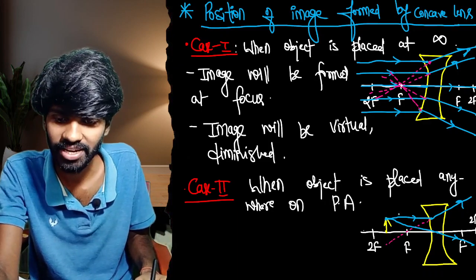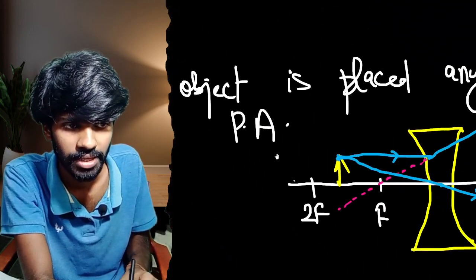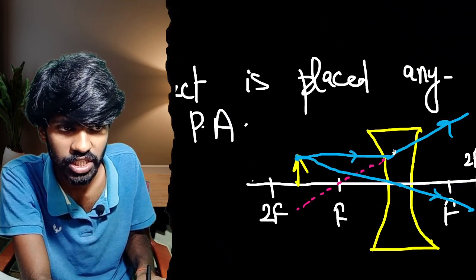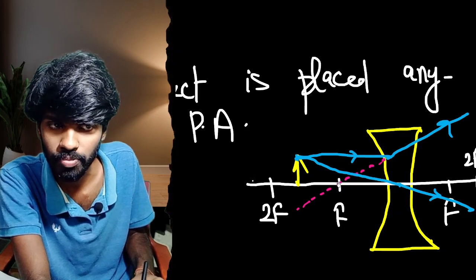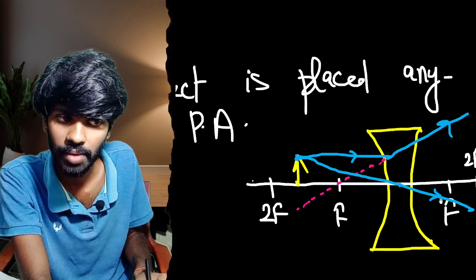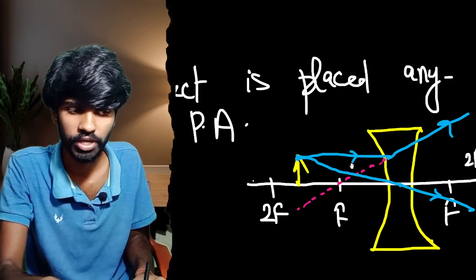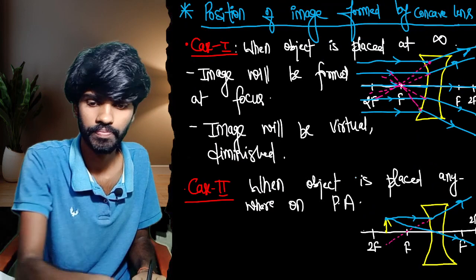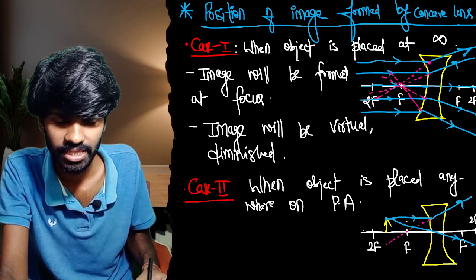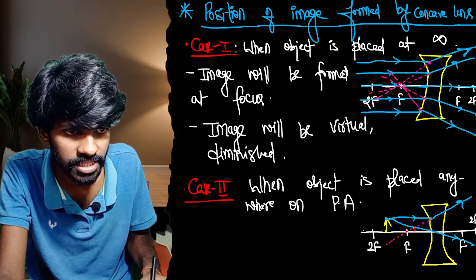So where will the image be formed? Image will be formed here. You can see this ray which appears to come from focus, and the ray which is actually coming from this point, they are meeting at this point. So we can say that the image will be formed at this point.